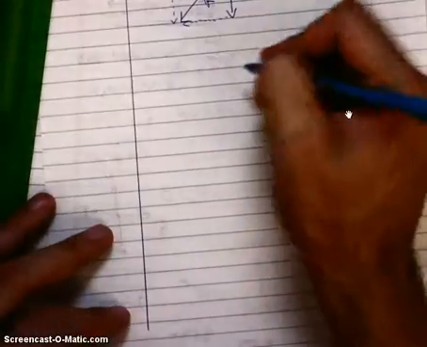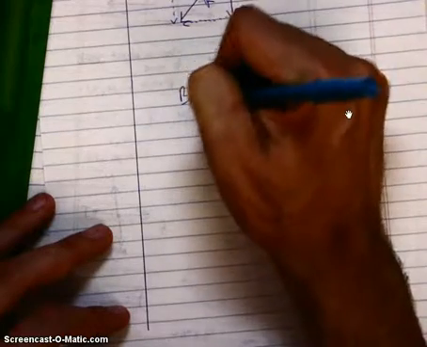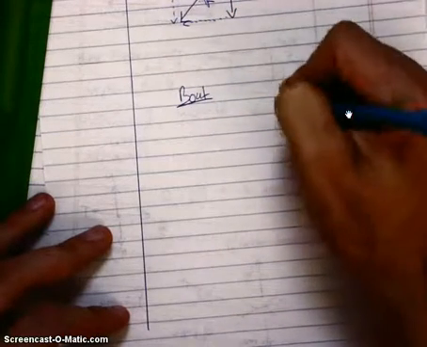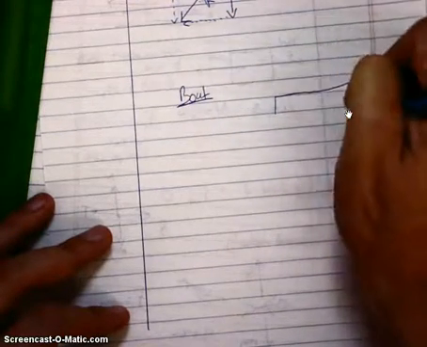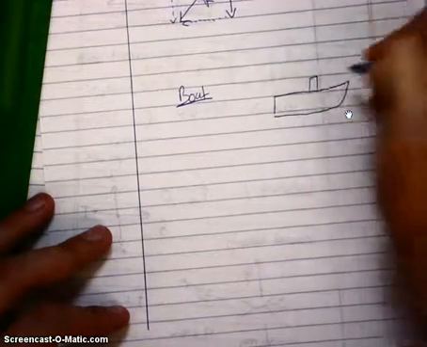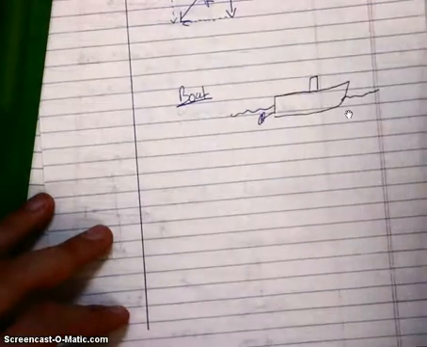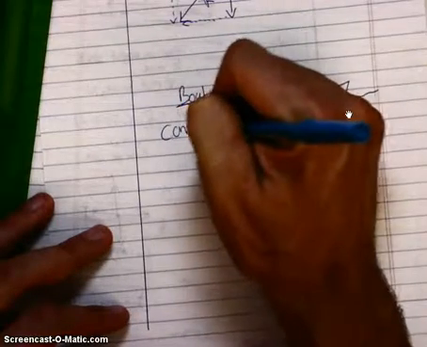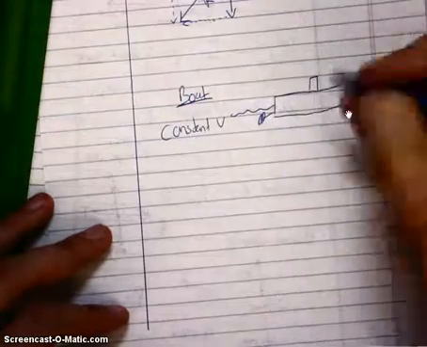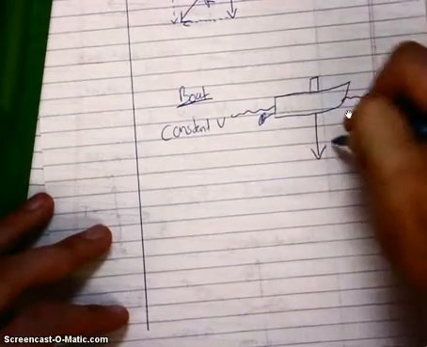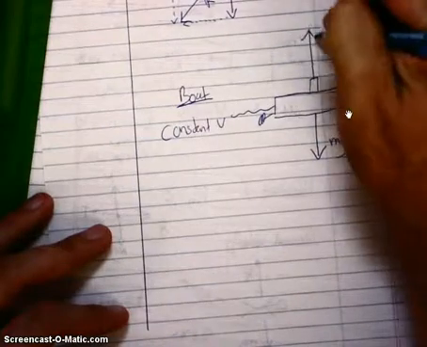Another example is something like a boat moving through the water. So we have a boat. That is an awful boat. Moving through the water and going at constant velocity. Well, that means the force of gravity is balanced out by the buoyant force.